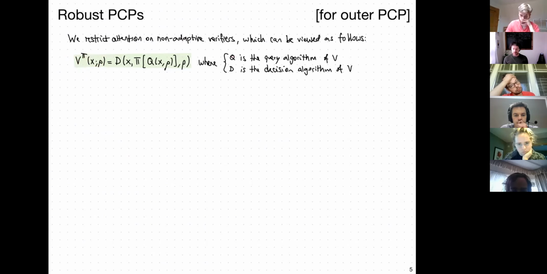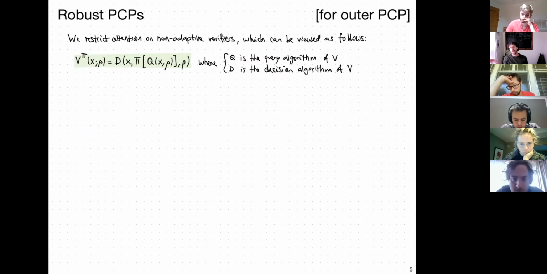In the first part, the algorithm will choose a query set Q. That would be the local view, the set of queries that we'd like to make. And then it would query the proof pi in the locations Q, which are affected by the explicit input and the randomness. And then we'll have a decision algorithm which gets this entire local view, and based on that makes a decision.